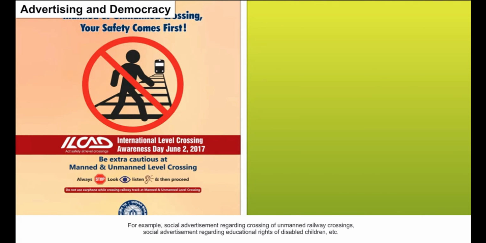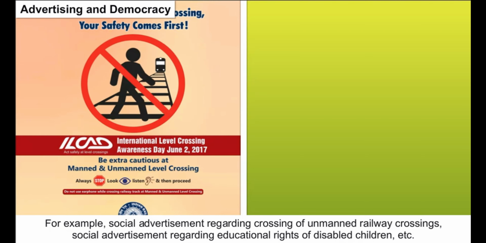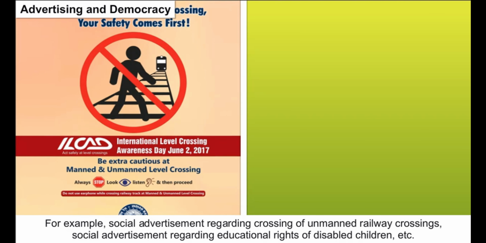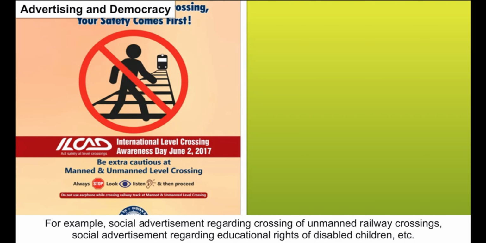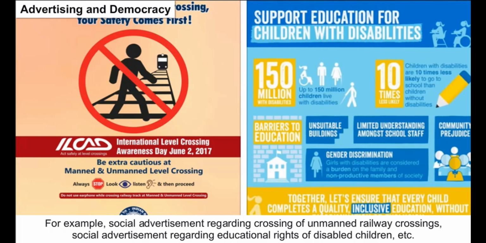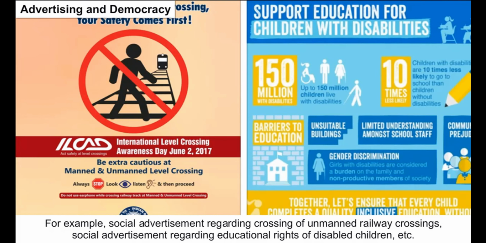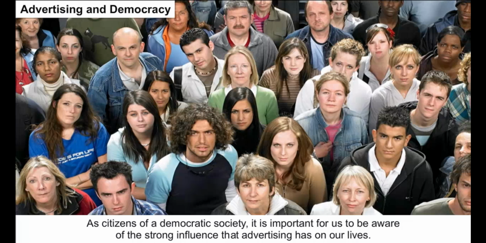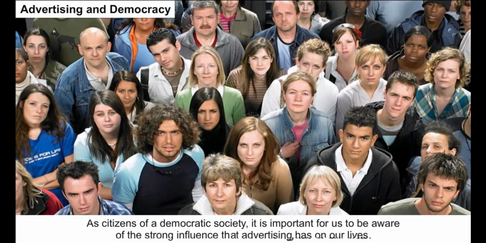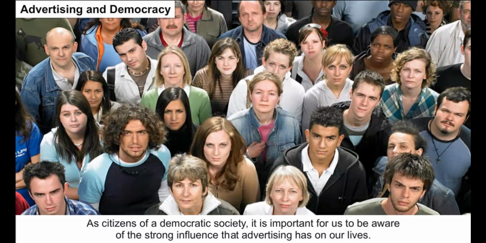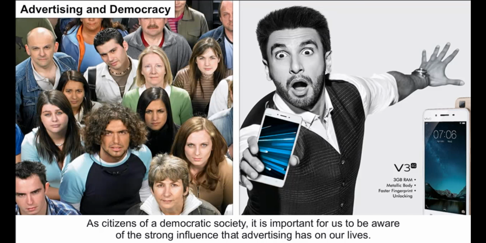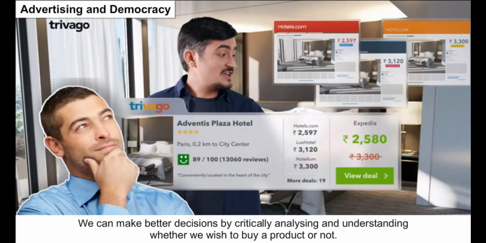For example, social advertisements regarding crossing of unmanned railway crossings, social advertisements regarding educational rights of disabled children, etc. As citizens of a democratic society, it is important for us to be aware of the strong influence that advertising has on our lives. We can make better decisions by critically analyzing and understanding whether we wish to buy a product or not.